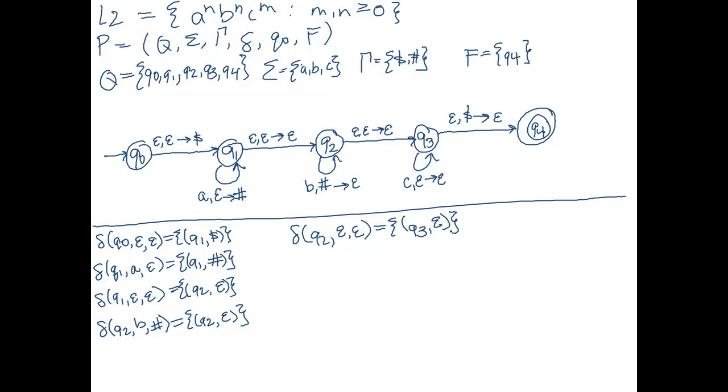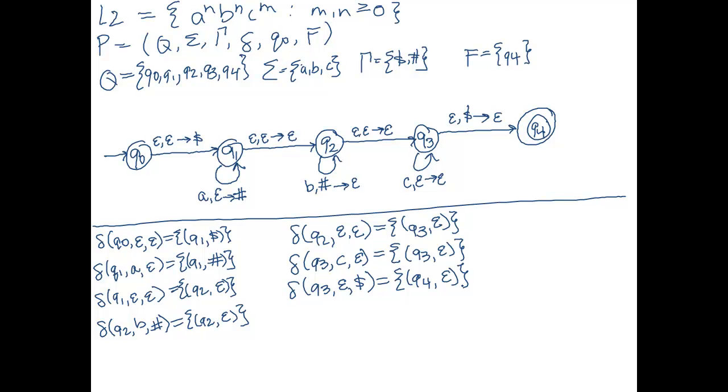Delta of Q3, if I have a C in the input and I read nothing from the stack, then I stay in Q3 and I push nothing. Delta of Q3 on no input with a $ sign on the stack, I go to Q4 and I push nothing. Let's check. We have 1, 2, 3, 4, 5, 6, 7 arrows and 7 transitions, so we have defined our transition function.